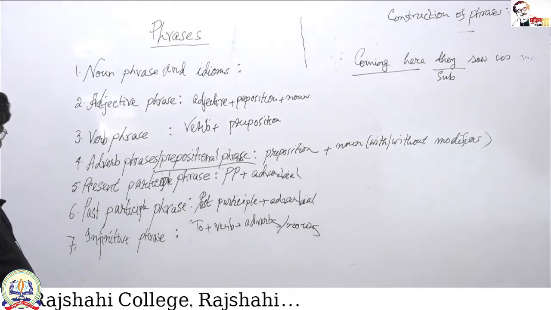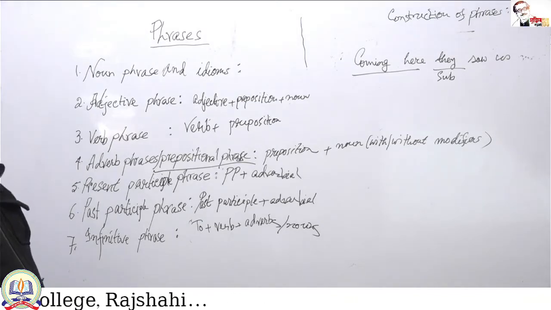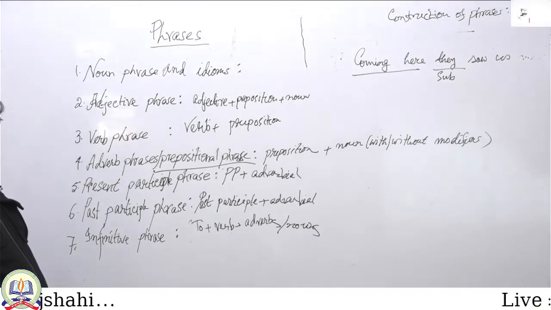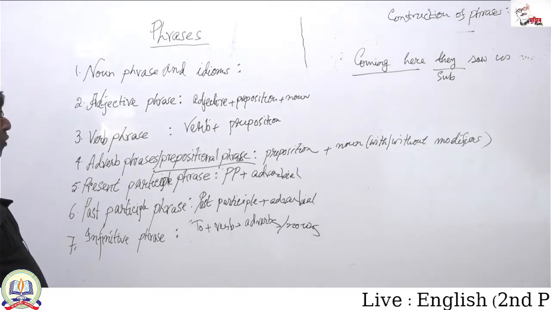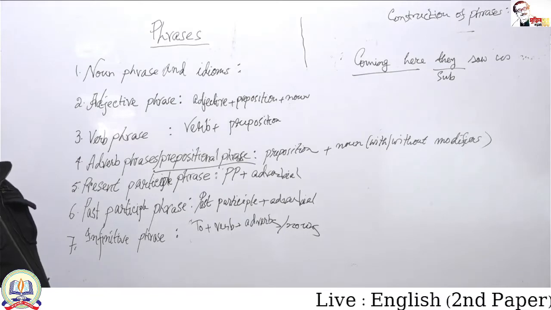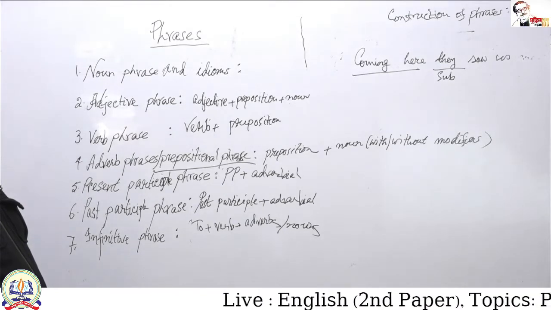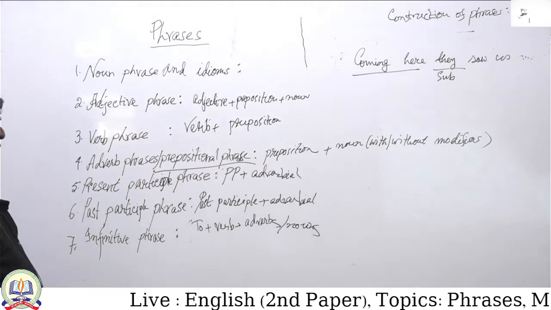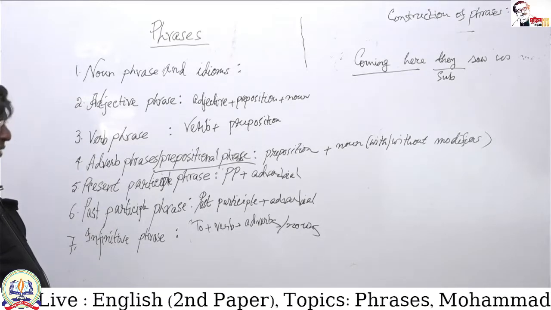And in present participle phrases, past participle phrases, and infinitive phrases, we have present participles, past participles, or infinitives followed by adverbs and nouns. But in the case of noun phrases, we do not always have identical structures. Therefore, I have left discussing noun phrases.